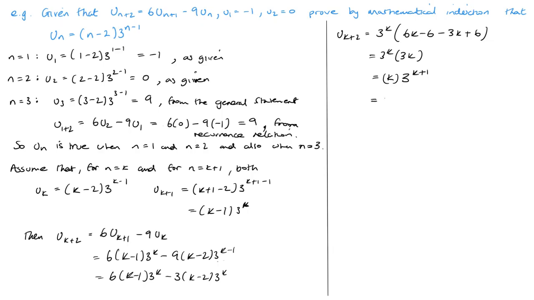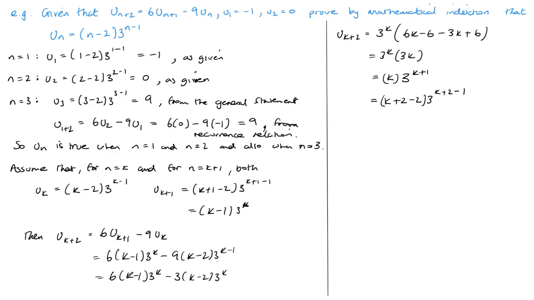Now, this means we've got k plus 2 minus 2 times by 3 to the k plus 2 minus 1. Okay, so this is just replacing this k plus 1, because k plus 2 take away 1 is k plus 1.